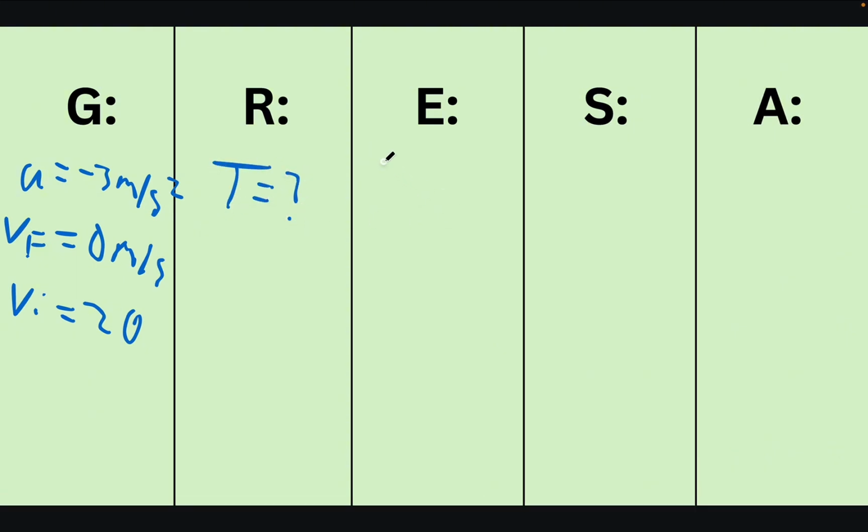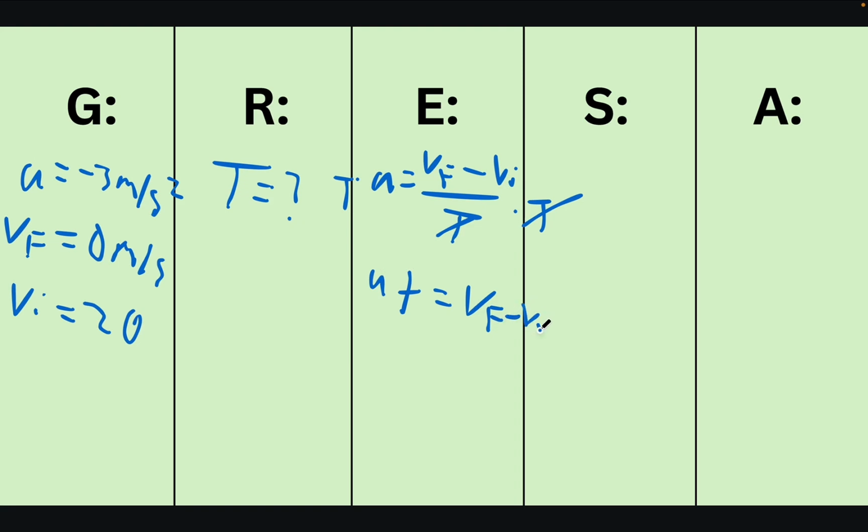Now, if you remember, our initial formula over here was acceleration is equal to Vf minus Vi over time. The coolest thing you can do now, though, is something known as algebraic manipulation. If you multiply time by both sides, you'd be able to cancel out time from this and get At is equal to Vf minus Vi.